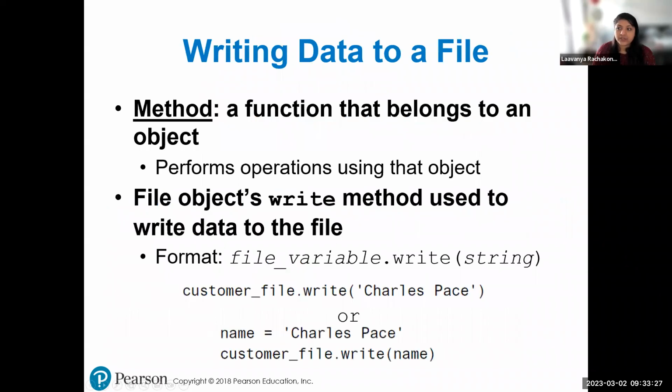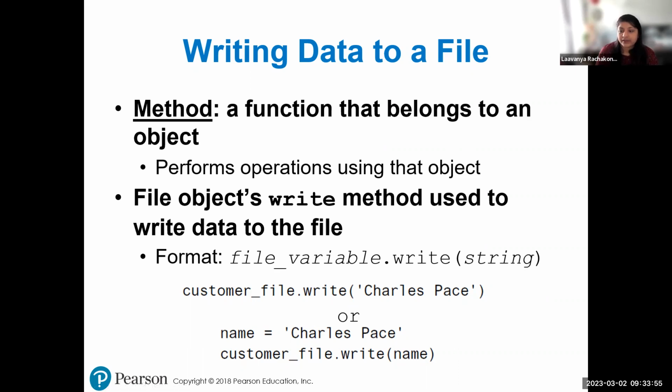Okay, now let's talk about writing data into a file. When you are writing anything to a particular file, the format that you will be using is the write method. We have already seen this in the past. A method is nothing but a function that belongs to an object.